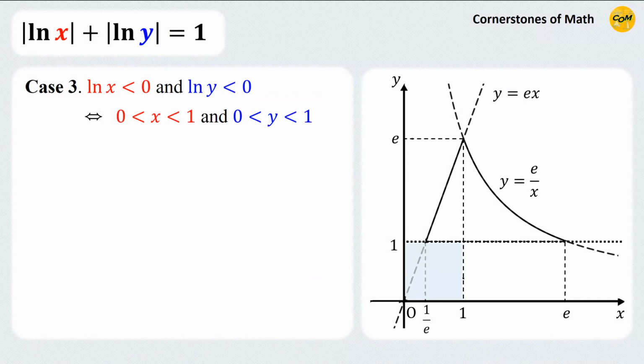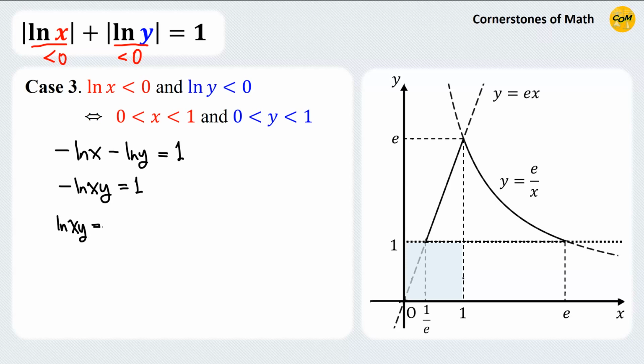For the third case of x and y both in between 0 and 1, now ln x and ln y are both negative, so minus ln x minus ln y equals 1, so minus ln xy equals 1, so ln xy equals minus 1, so now we have xy equals 1 over e, which gives y equals 1 over ex.